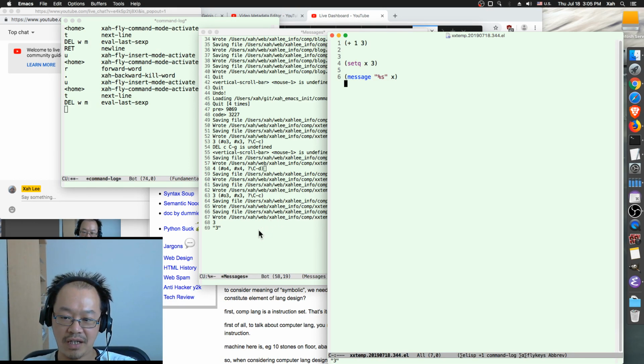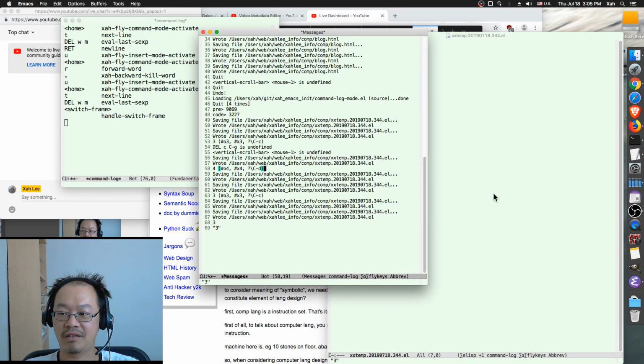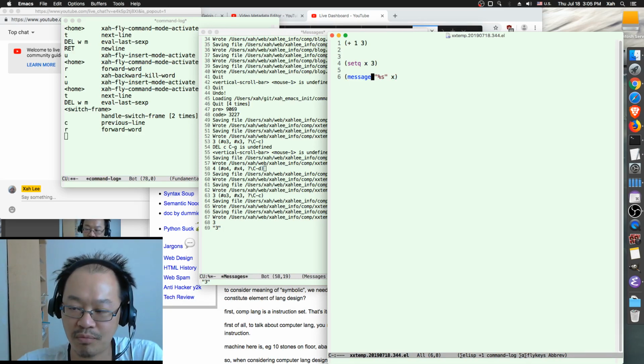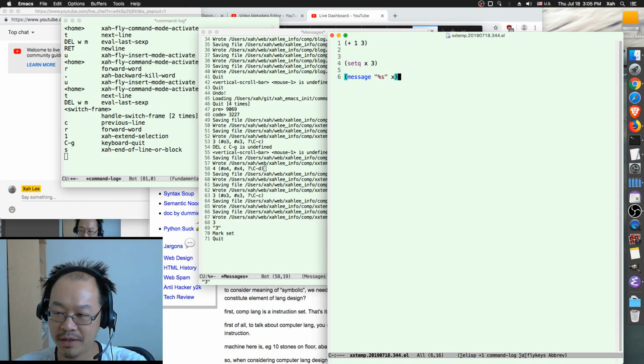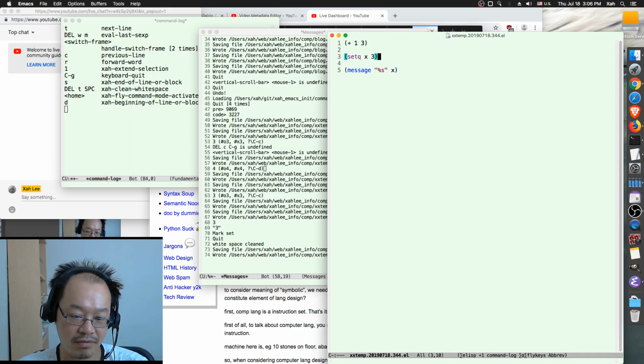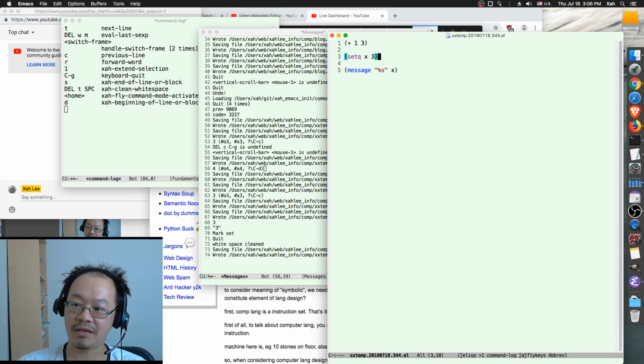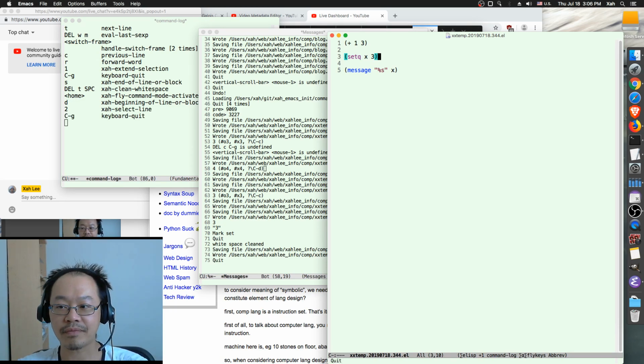You can see the result here, 3. It's a string, because you are printing a message. It's like print. You can also use print right away, but this is not a tutorial about Emacs Lisp. That's some other day. So anyway, we have now set x equal to 3.